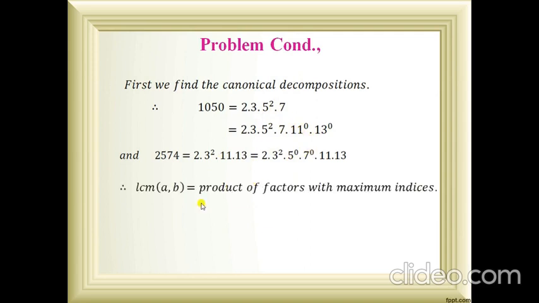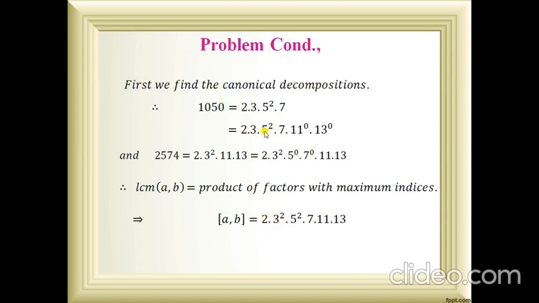So next, the LCM of A and B is nothing but the product of factors with maximum indices. Let us have the closed interval [A, B] equal to that, which means the LCM of the given two numbers. Here I am having 2 power 1, here also 2 power 1. So 2 power maximum of 1 comma 1, and the maximum of 1 comma 1 is 1.